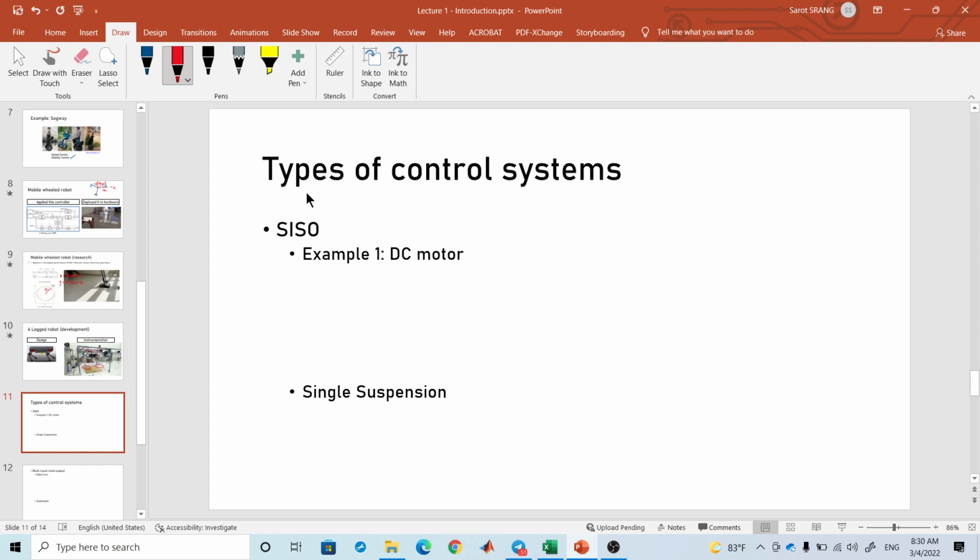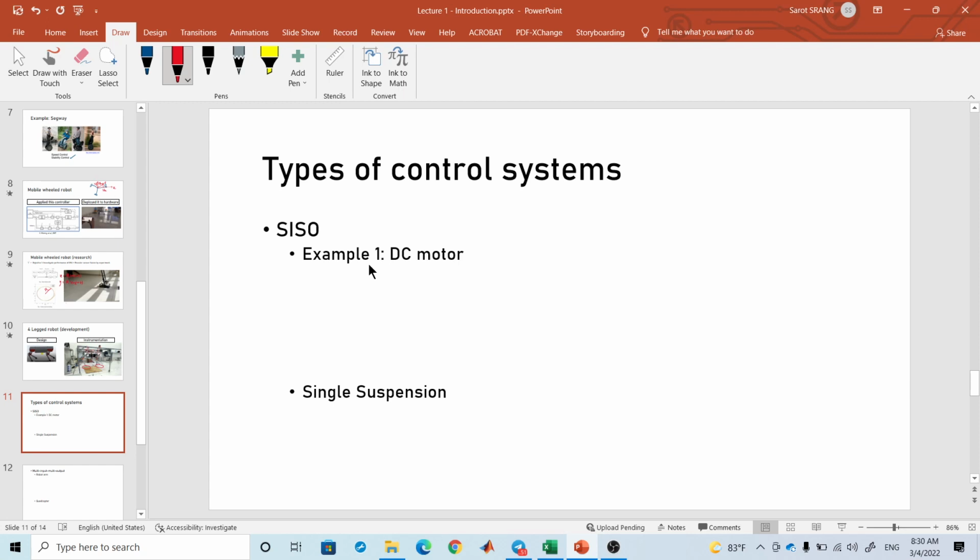The first one is called single input, single output. What does it mean? Single input means you can command, you can provide power to the system in terms of one parameter only, one variable.